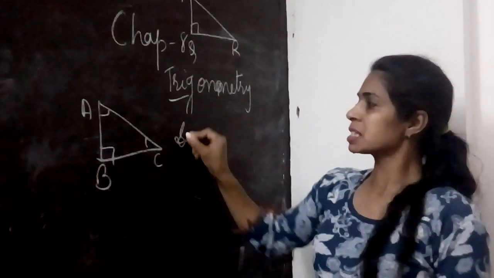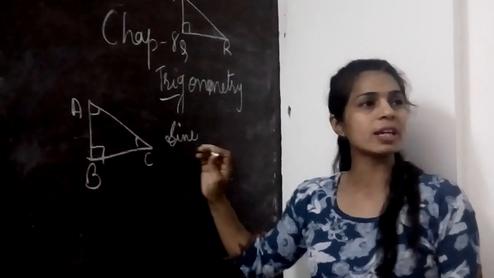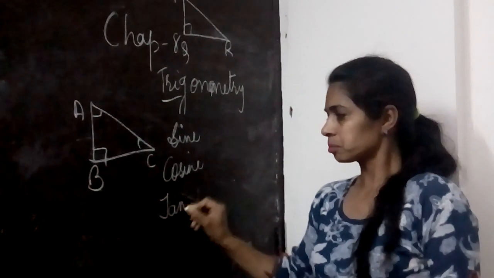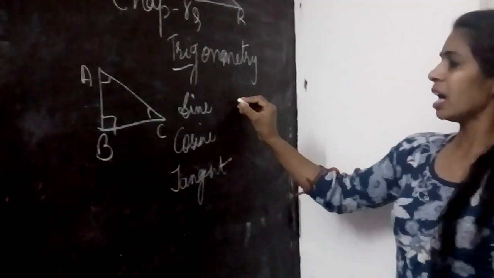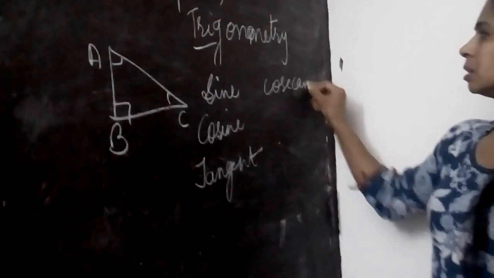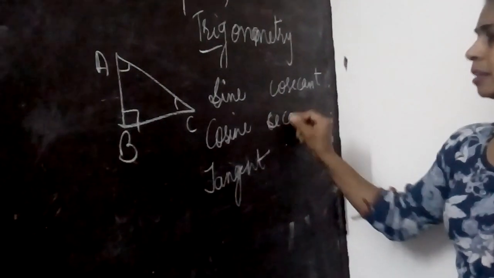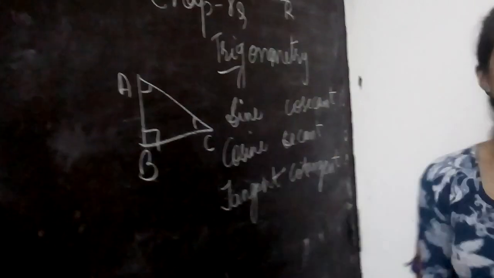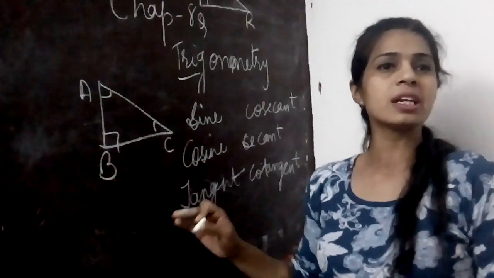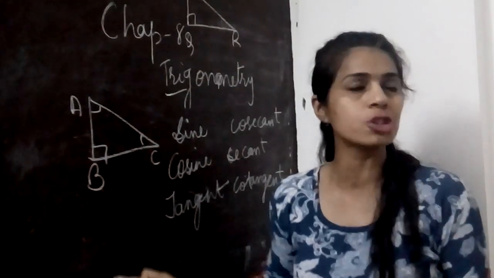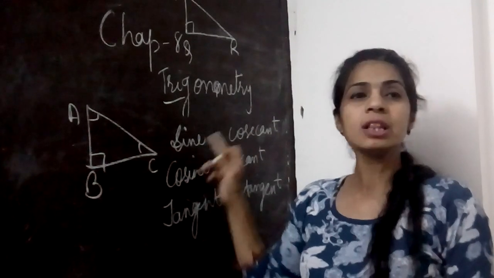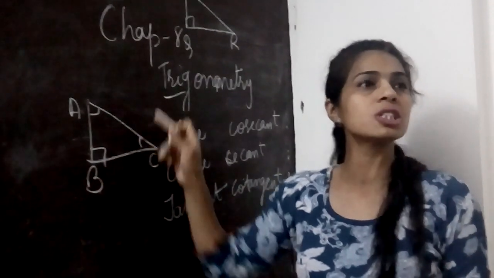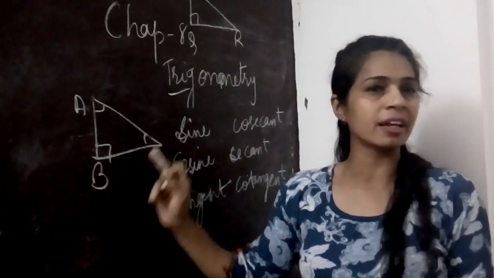These 6 trigonometric ratios are: the first one is sine, then cosine, then tangent, then cosecant, then secant, and then cotangent. The word ratios here clearly shows that these are going to be fractions. So all these 6 trigonometric ratios use the fractions of the sides of this right angled triangle.